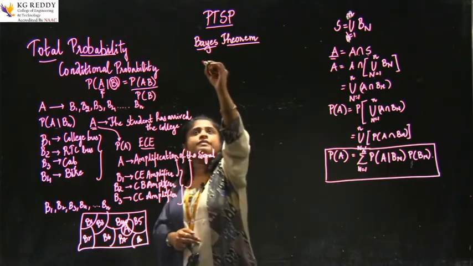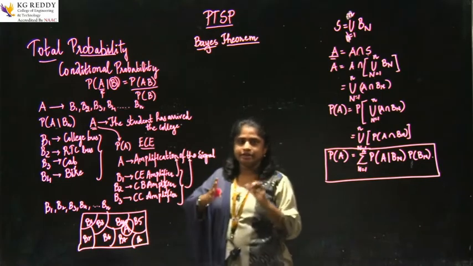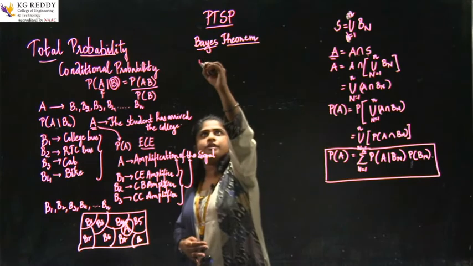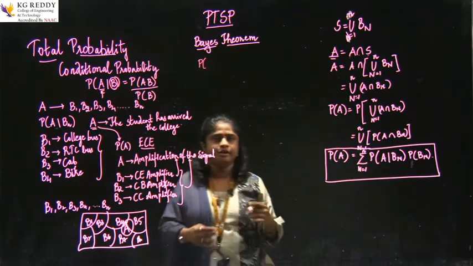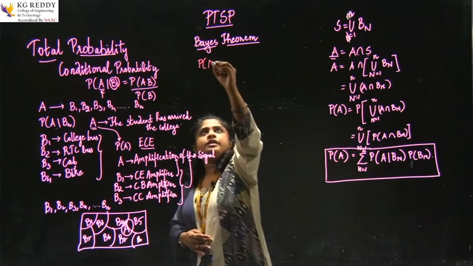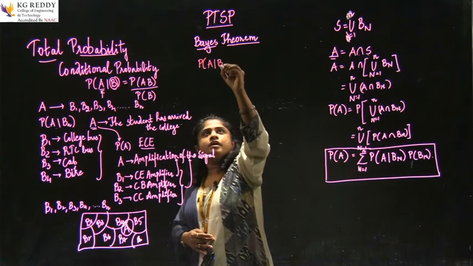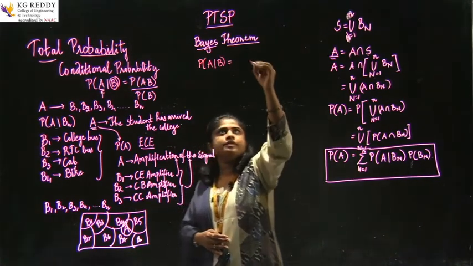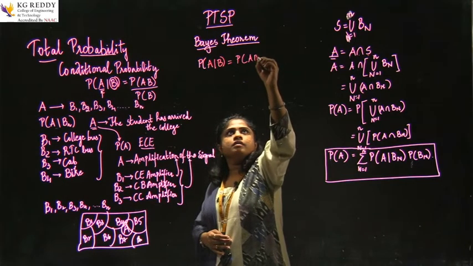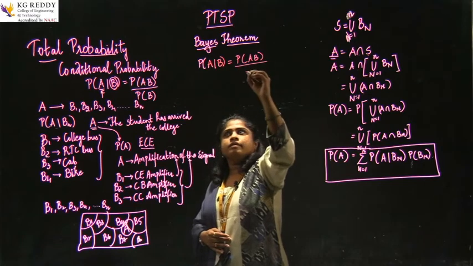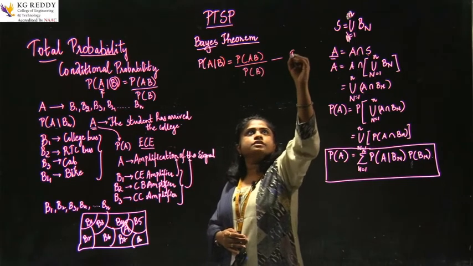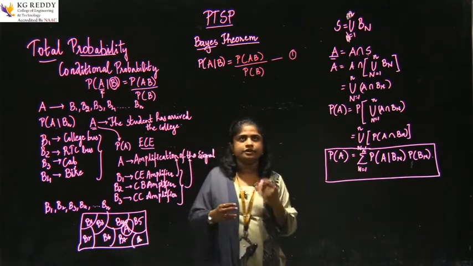I will write the same conditional probability equations to find the Bayes theorem. So, probability of A by B will be equal to, consider it as equation 1.